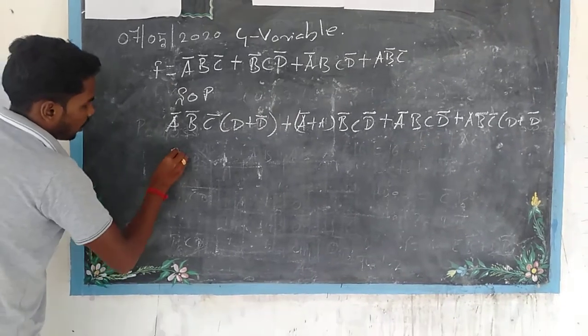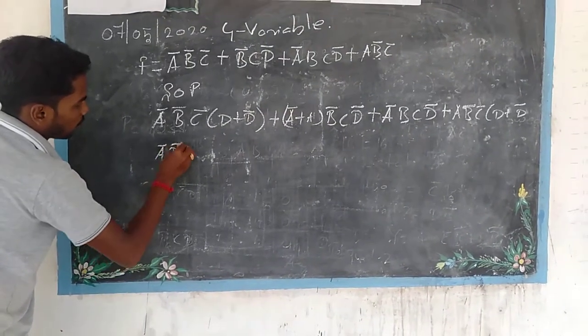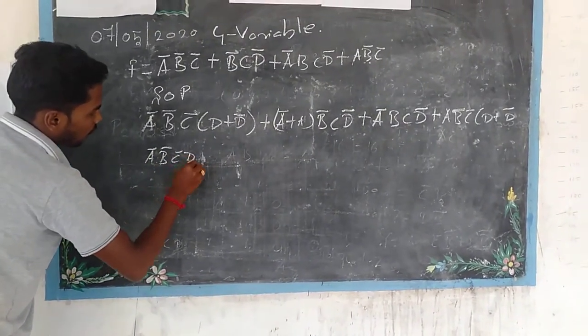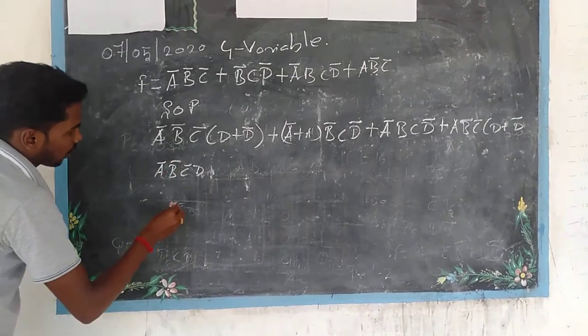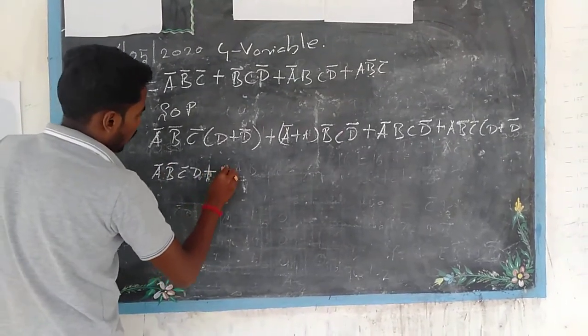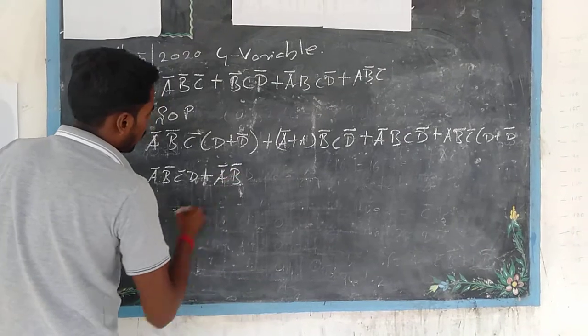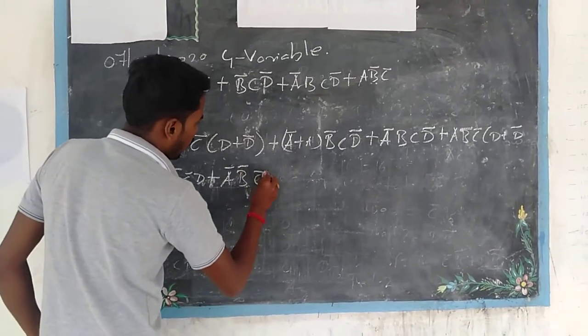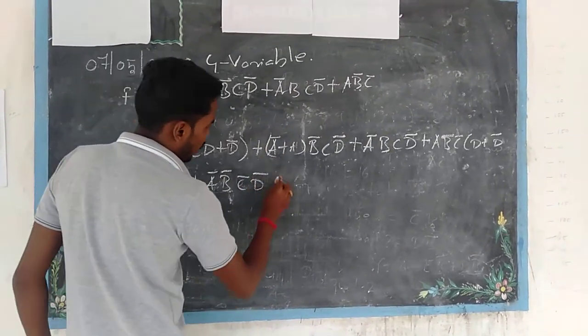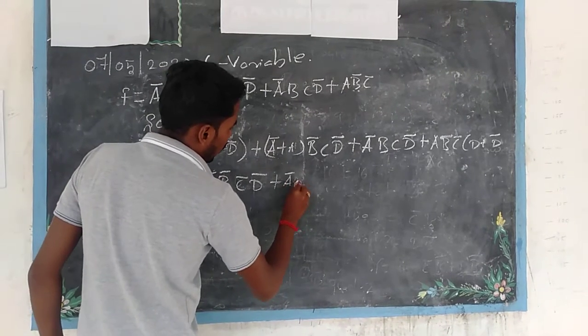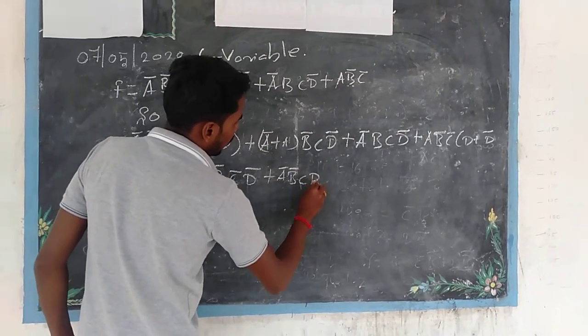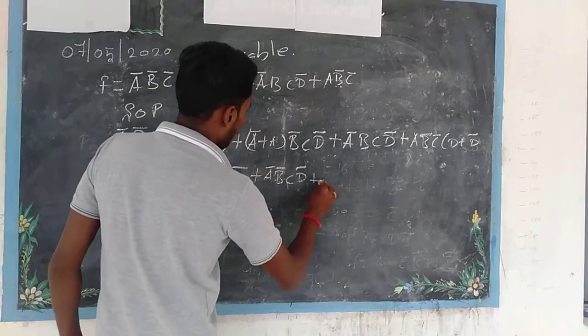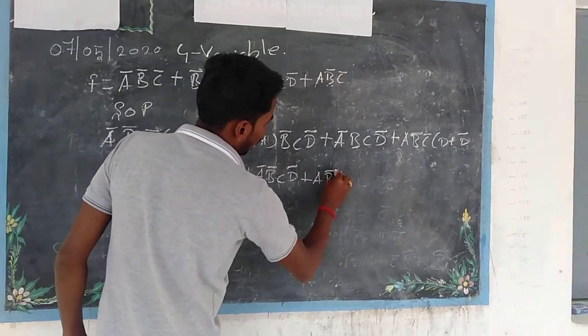These terms: A bar, B bar, C bar, D, then the next term plus A bar, B bar, C bar, D bar. In this term, A bar, B bar, C, D bar plus A, B bar, C, D bar.